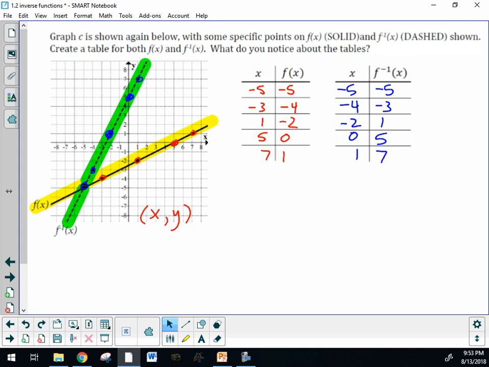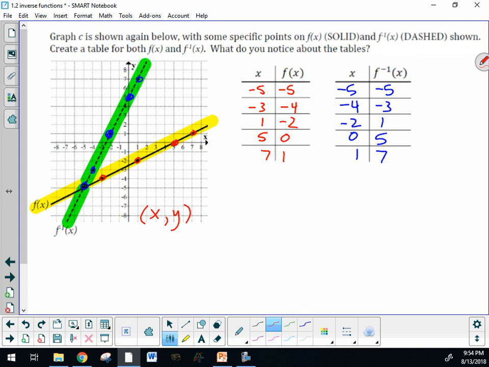So looking at those two tables, do you notice anything? You might notice that they are also sort of mirrored from each other. The x coordinate on that first table becomes the y coordinate on the second table, and the y coordinate, or the f value of that first table, becomes the x value. They sort of switch, if you will.